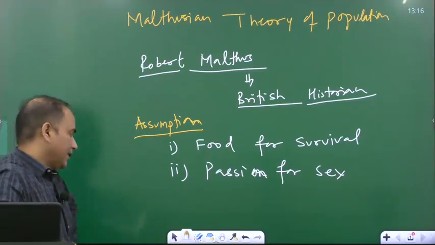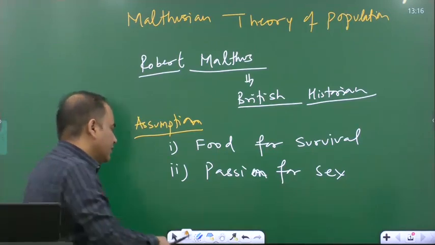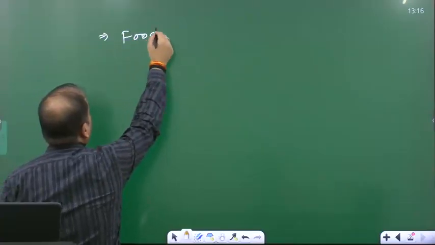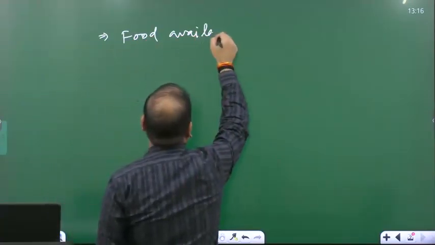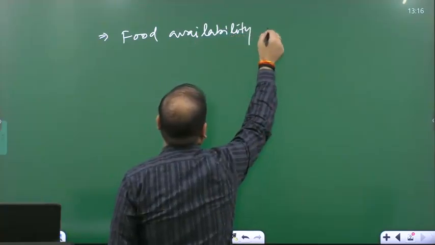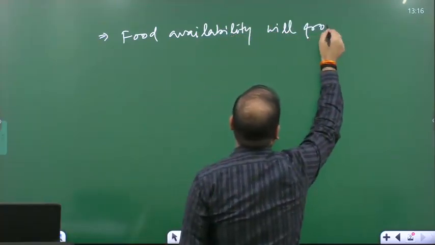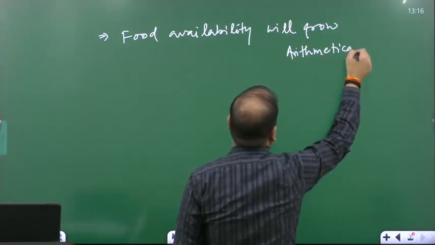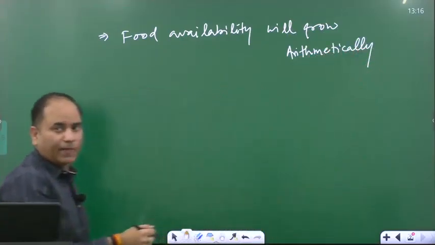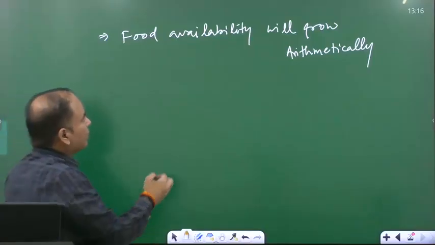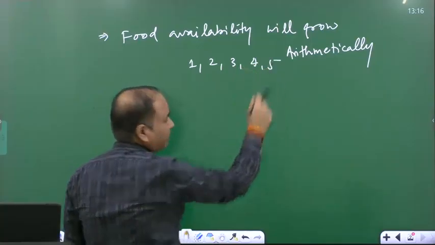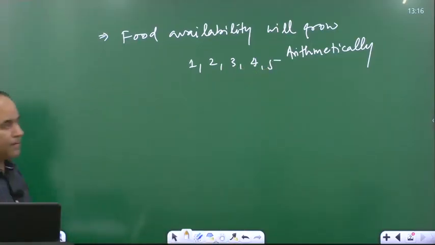Over the period of time, now coming to his theory, this food for survival will grow arithmetically. So the food availability will grow arithmetically, like if today it is 1, then 2, then 3, then 4, then 5, and so on.